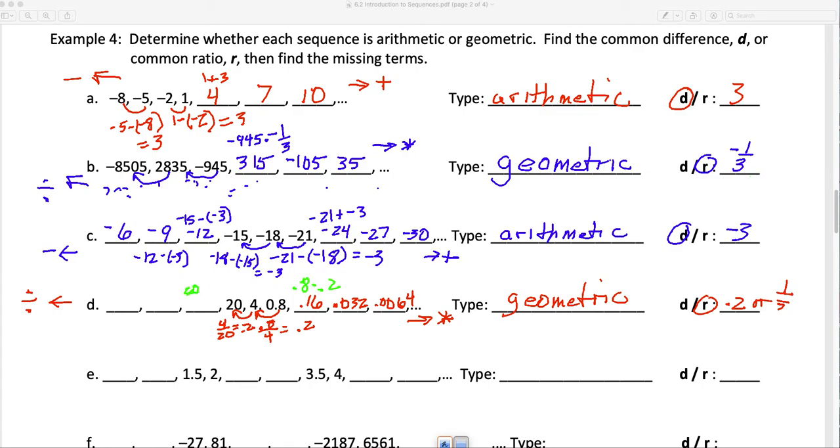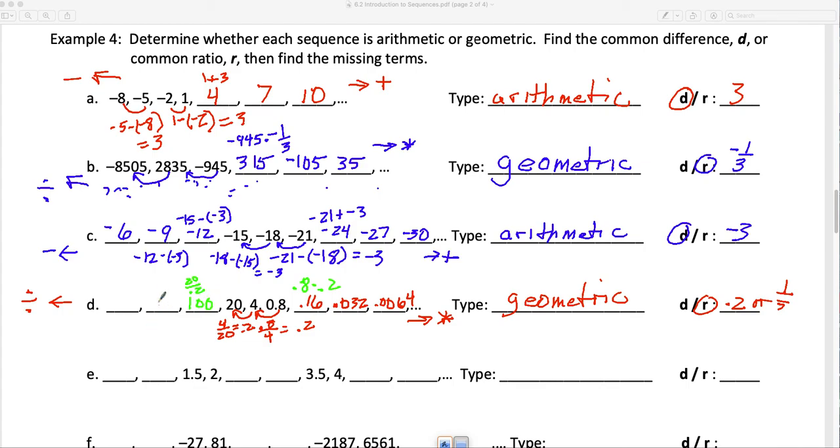And that doesn't fit. Divided by 0.2, and that is going to give me a 100. Do you see how fast it's changing?